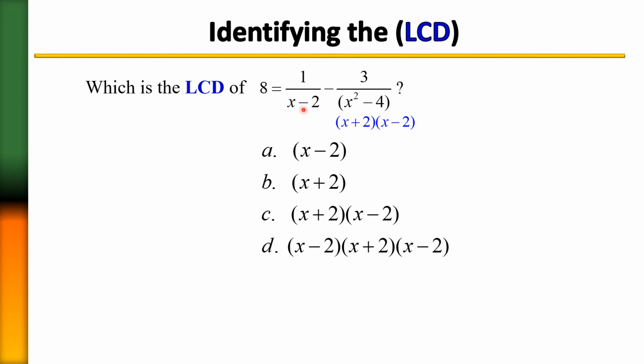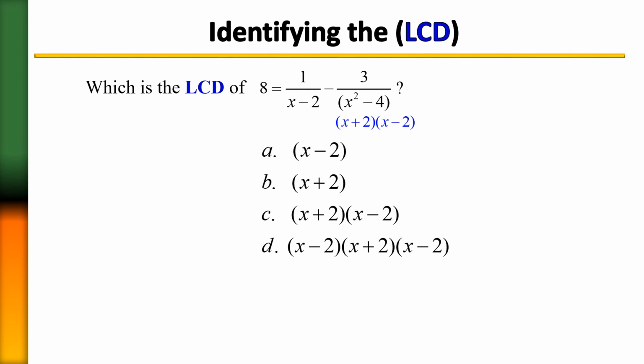But the second term here is a rational expression. In the denominator, x minus 2 only appears once. On the third term, x plus 2 and x minus 2 only appear at most once.